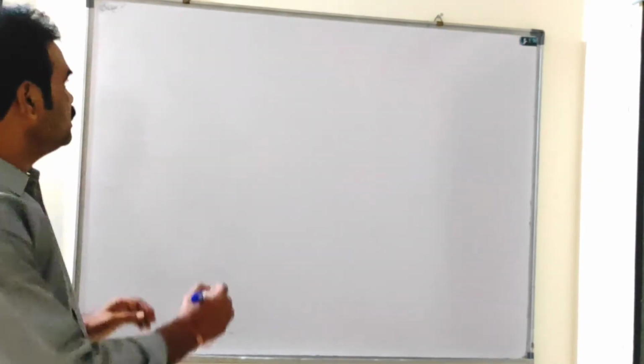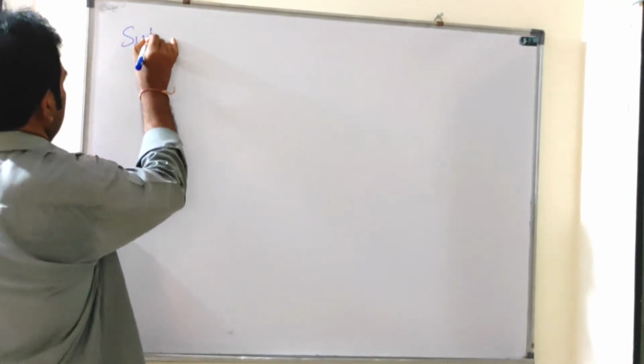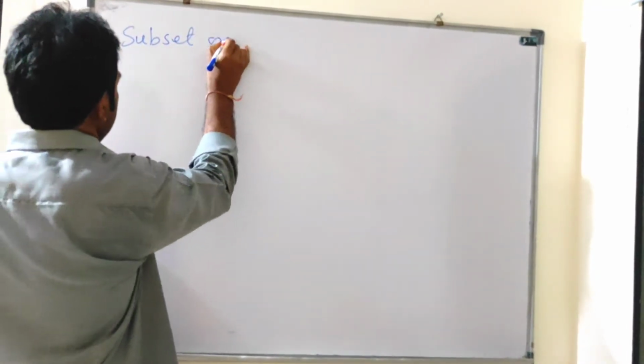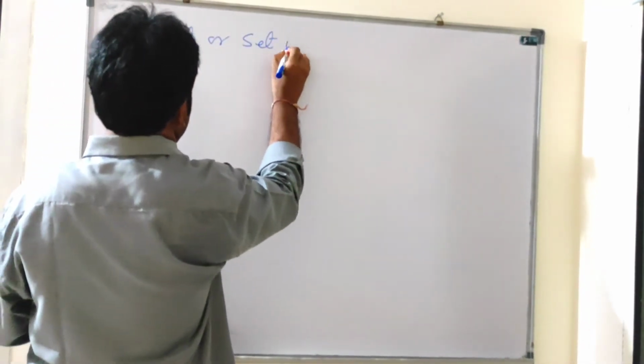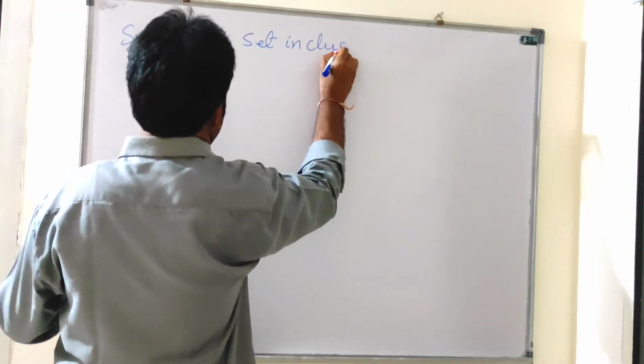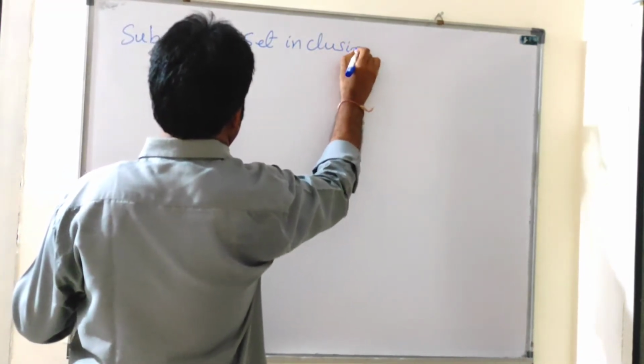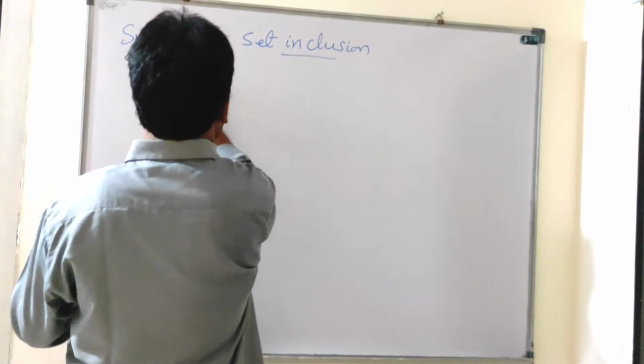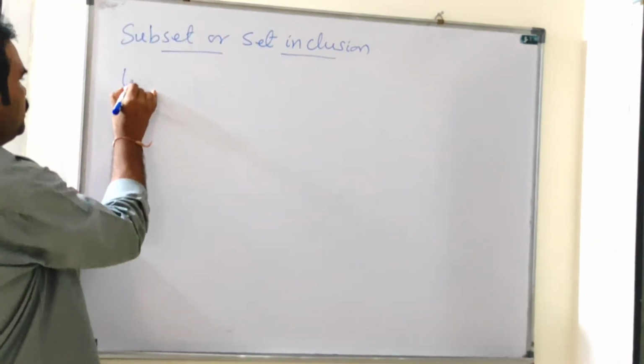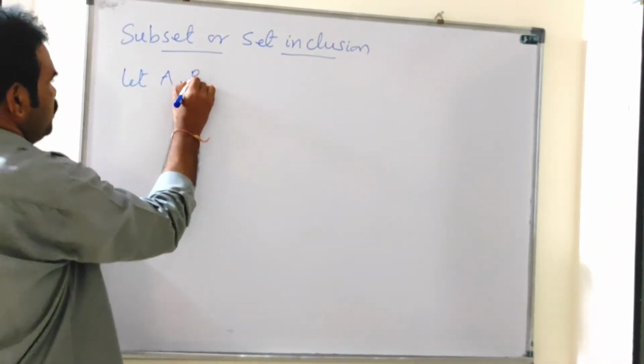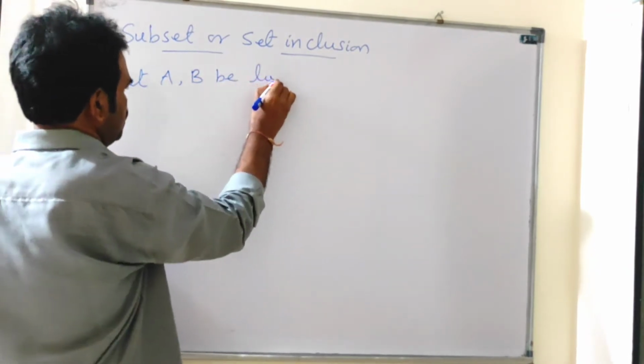Next definition, subset or set inclusion. Let A, B be two sets.